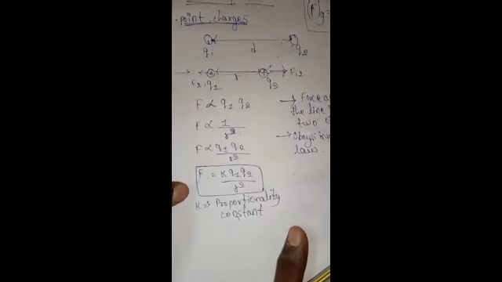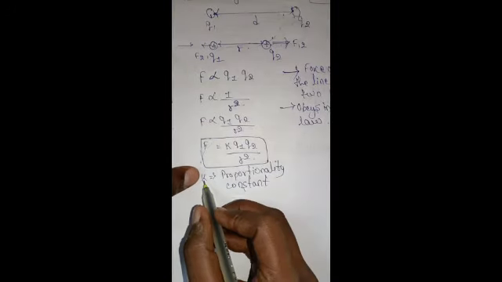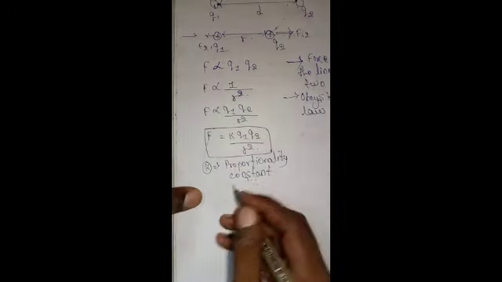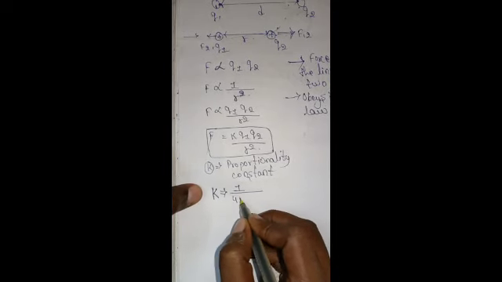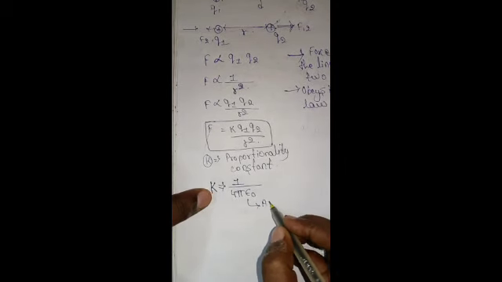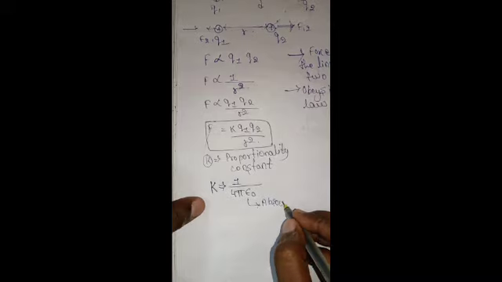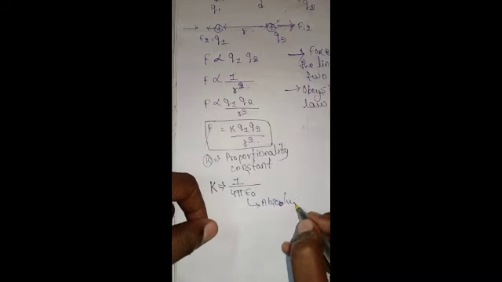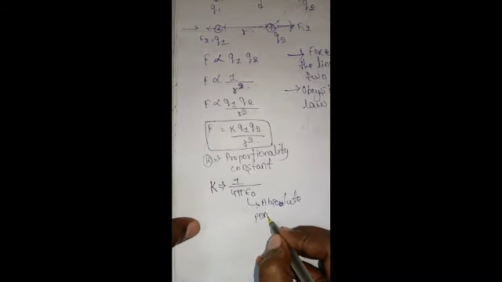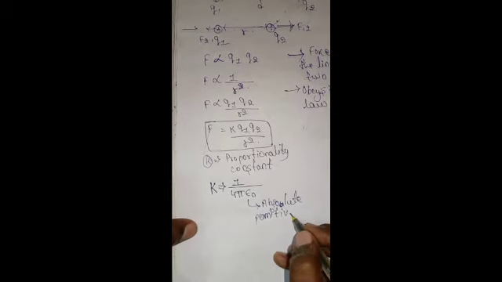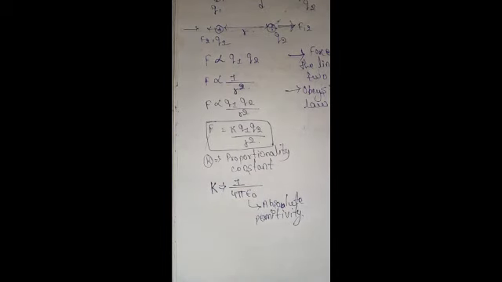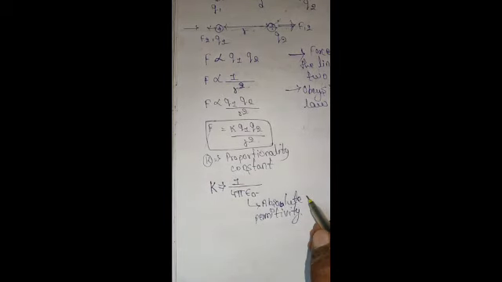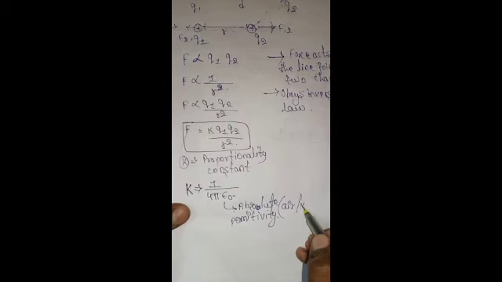And let us know about this proportionality constant, that is k. The actual value of k is equal to 1 by 4 pi epsilon naught, where epsilon naught is the absolute permittivity, in air or vacuum.